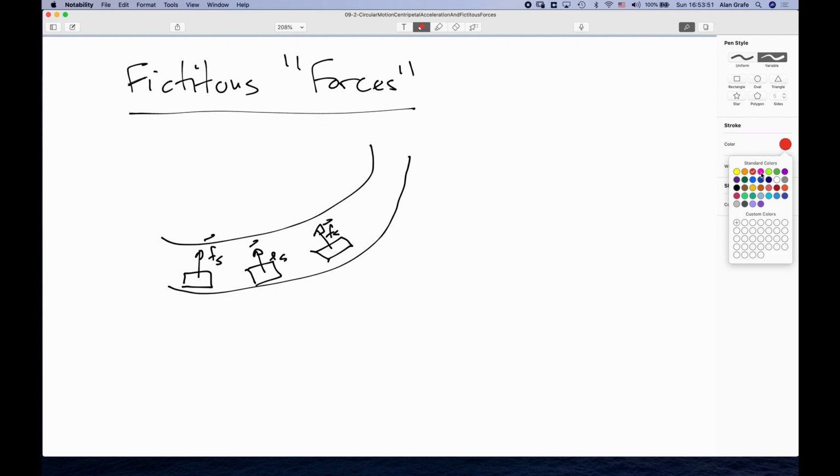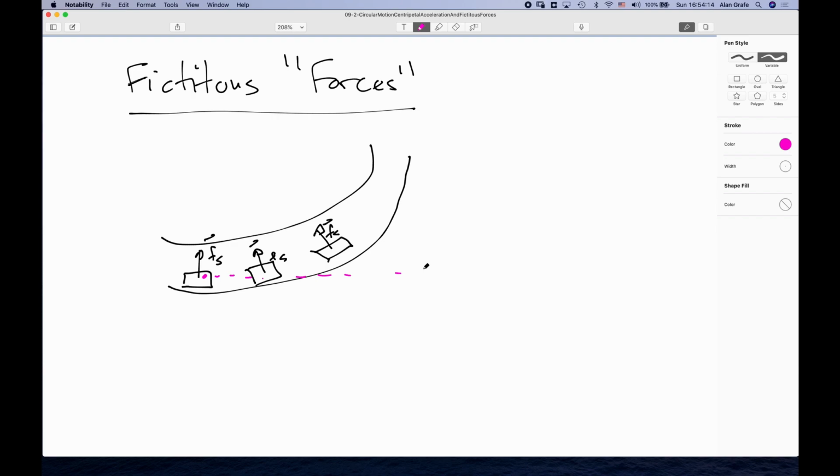What's turning you around? Well, by Newton's first law of motion, you want to move in a straight line. So you're sensing literally the other side of the car moving in toward you. And so you get this sensation that you're being thrown out of the car.